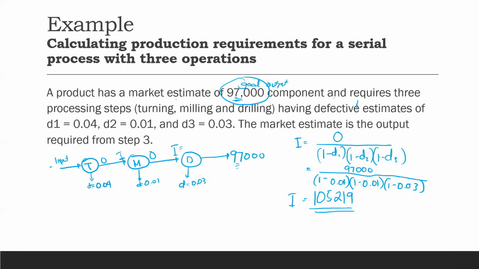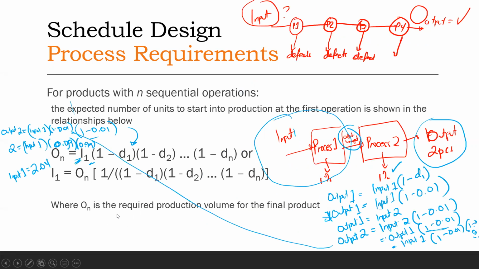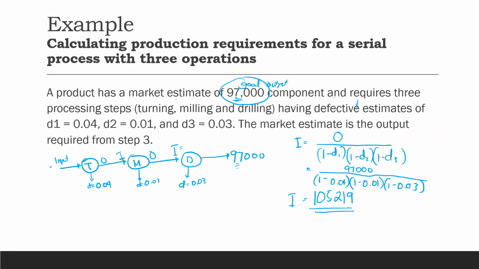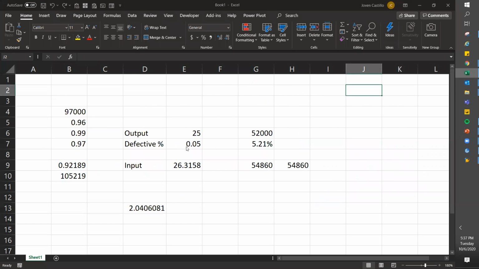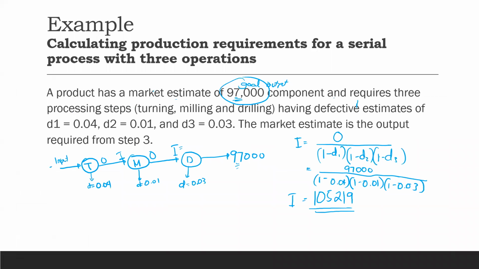Okay, so saan siya galing nga pala yung formula? Ito, tinitingnan ko to. Itong formula na to. Again, iisa-isahin natin. Tingnan lang natin kung anong resulta. And then, ie-evaluate natin kada process, ano dapat na input. Okay? So, I have here equal 97,000 divided by 1 minus 0.03, 100,000.